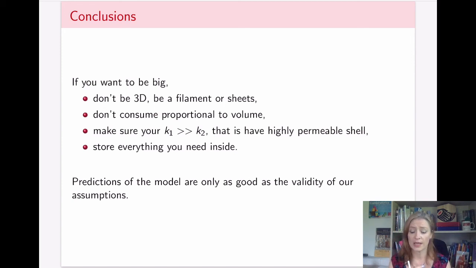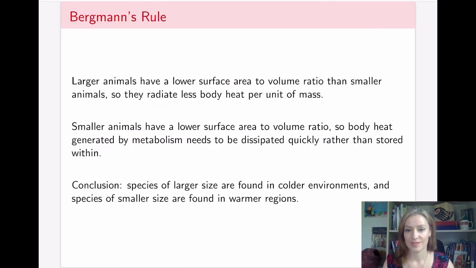And again, to emphasize, predictions of any model are only as good as their assumptions. So if you've assumed your cell is spherical, your conclusions will only hold for a cell that is in fact spherical. As an example of almost the opposite way to model things, let's take a look at Bergmann's Rule, which is a zoological principle that relates external temperature to the size of the body of the animal that lives in that climate.